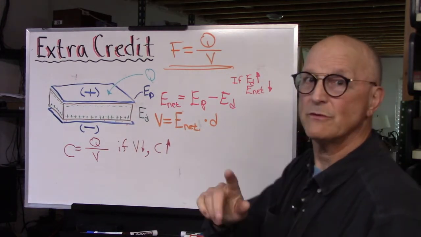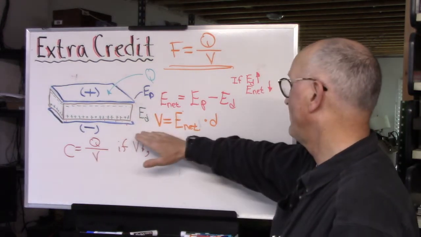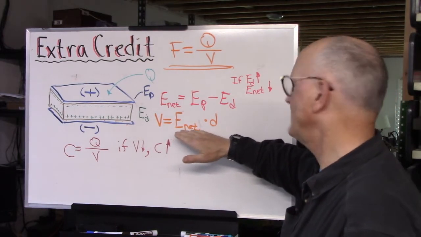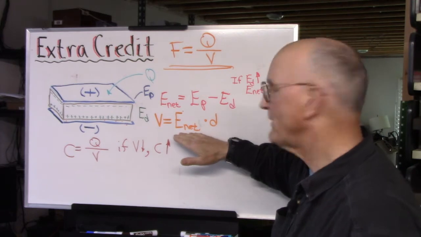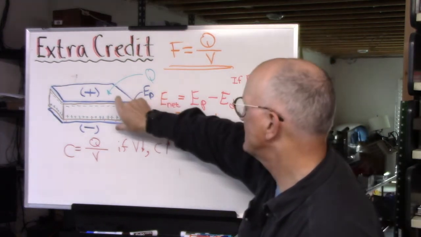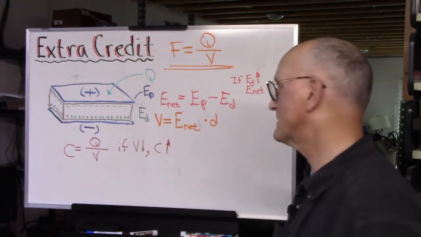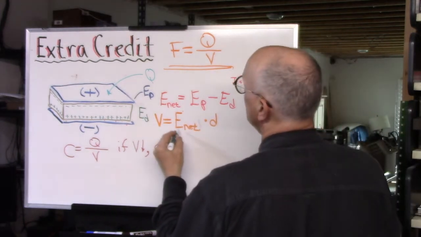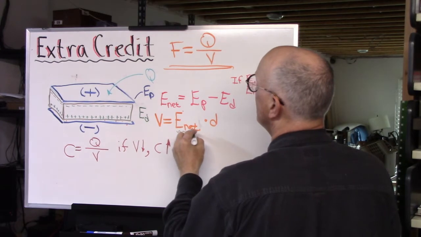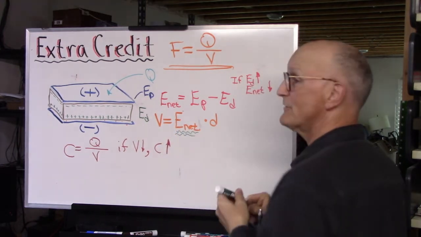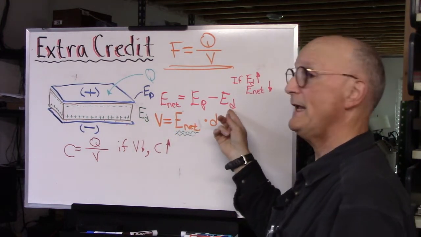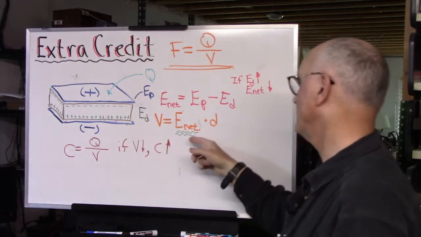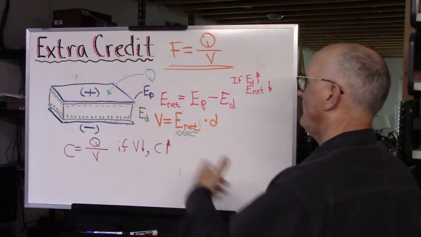Now remember, we were just talking a few moments ago, voltage is equal to the electric field, in this case the net electric field, times the distance between the plates. So if we reduce this net electric field by putting in a dielectric with a higher dielectric constant, then what happens to the voltage?